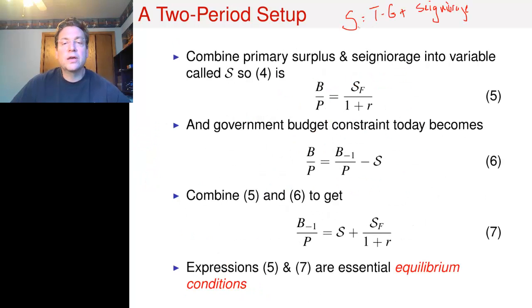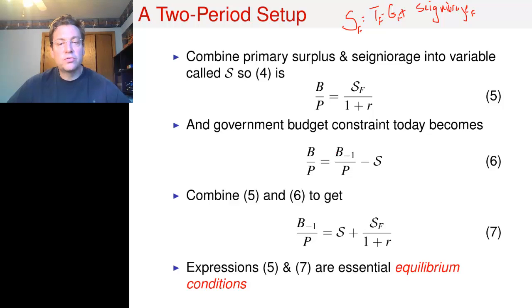So we'll also have an SF, which is just TF minus GF plus seigniorage F. All right. Now we can rewrite equation 4 as B over P is just equal to SF over 1 plus R. So that's the present value of this sort of grand surplus object.